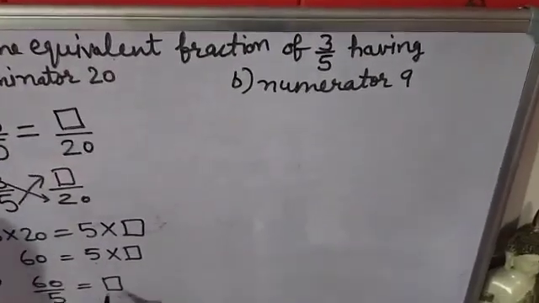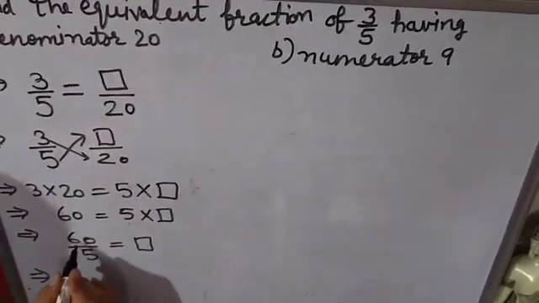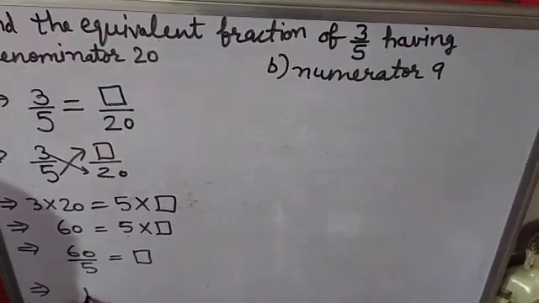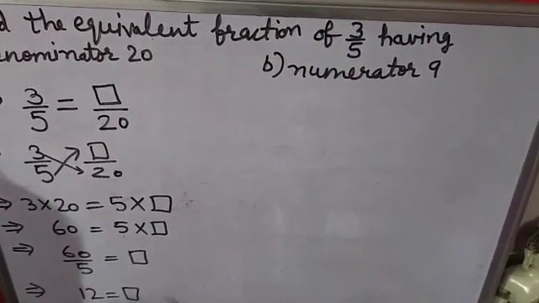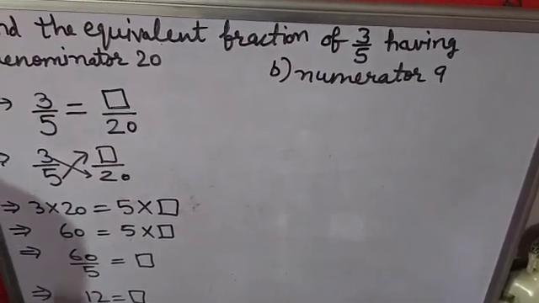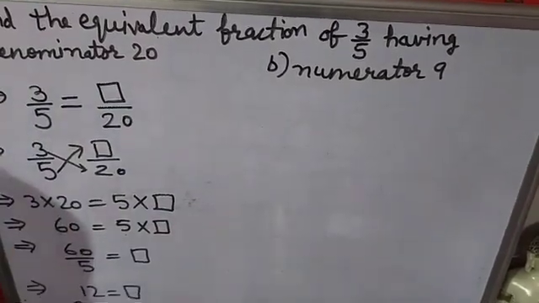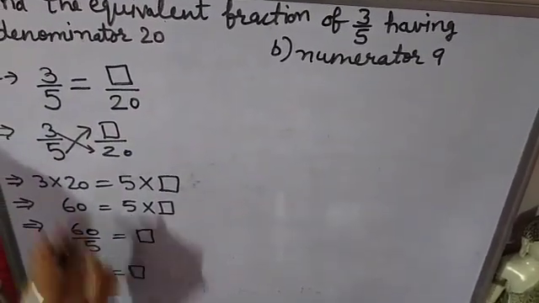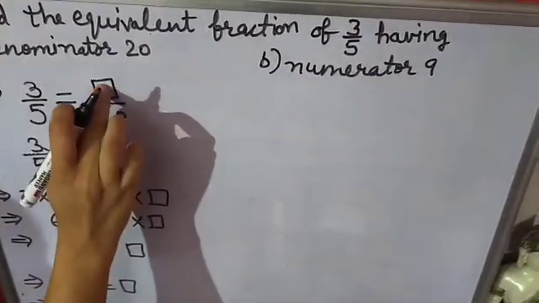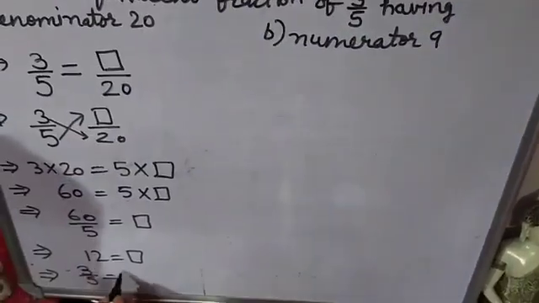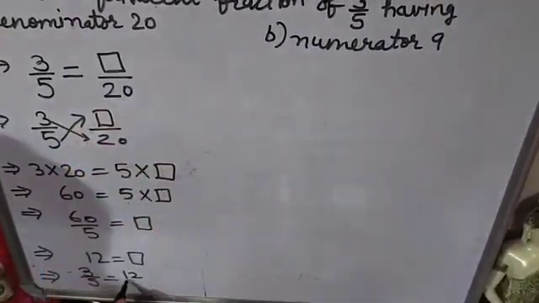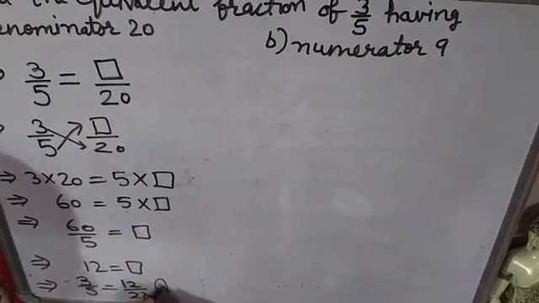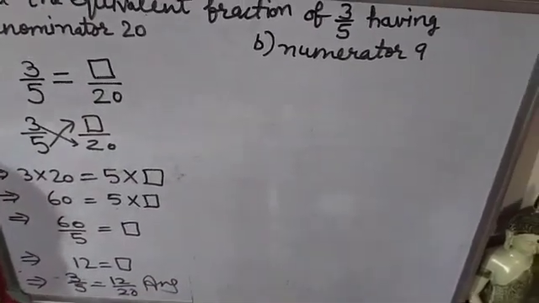Only box will be left, and when you divide 60 by 5, then 12 will come. So box value is 12. So the fraction will be, you will write in fraction form, 3/5 equal to, instead of this box we will write here 12, and in the denominator there is 20. So both are equivalent fractions.